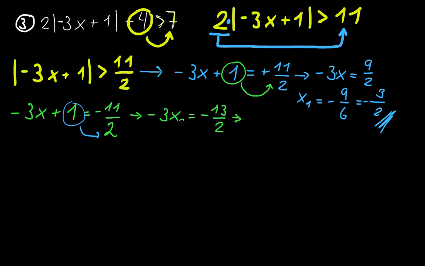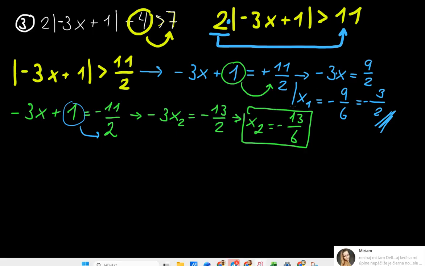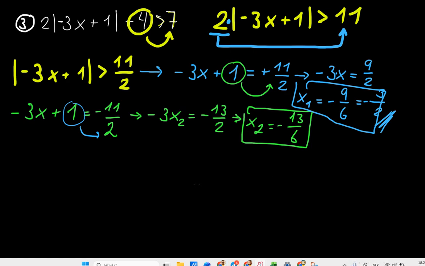And my x2 is minus 13 over 6, which cannot be further simplified. So this is our first point, and this is our second point. Apologies there. And when you draw the number line, you can find the solution.